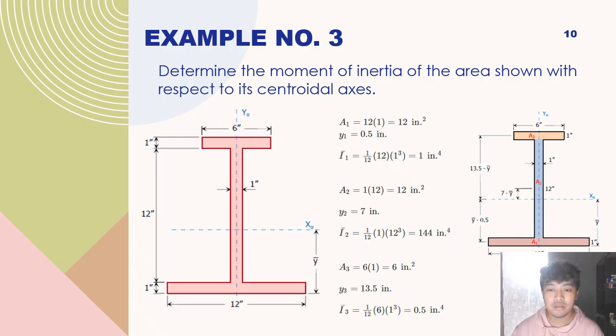But now, what we have to do is divide the whole shape into common shapes. So our common shapes we have here, this one on the side: that is area 1 at the bottom flange, then area 2, the web, the rectangular area, and then area 3 is the rectangular area of the top flange.